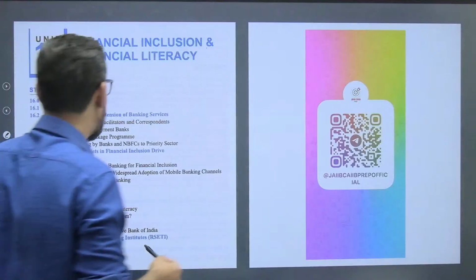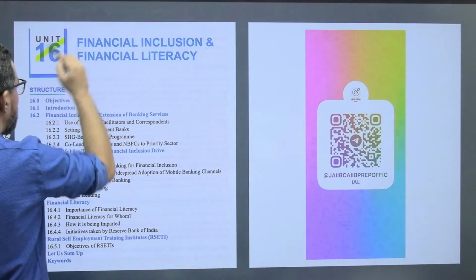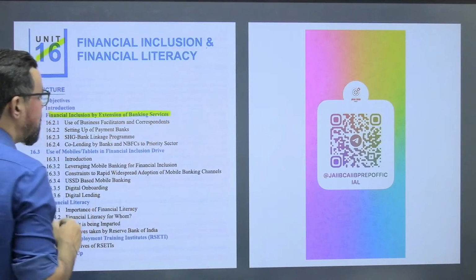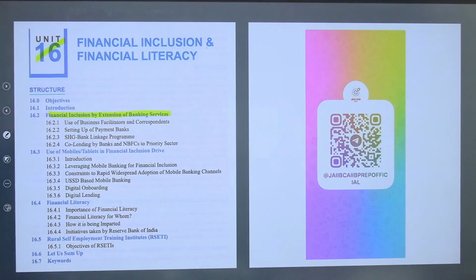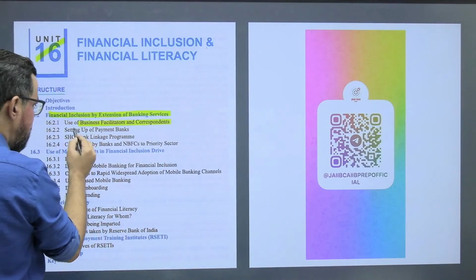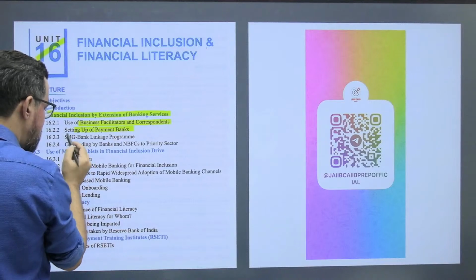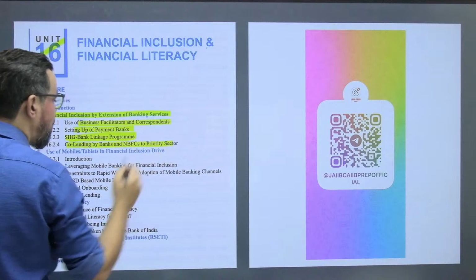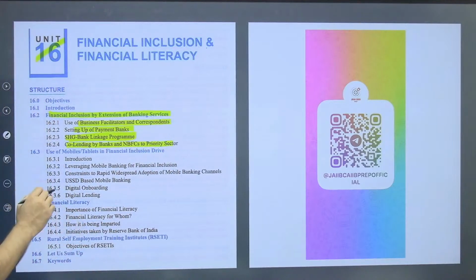So first, let's have a look at the course content. Unit number 16 includes financial inclusion by extension of banking services, which includes banking facilitator and correspondent. We have payment banks, self-help group bank linkage program, co-lendings by banks and NBFCs to priority sector.